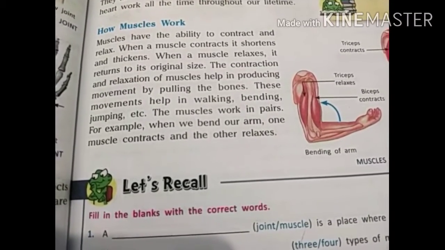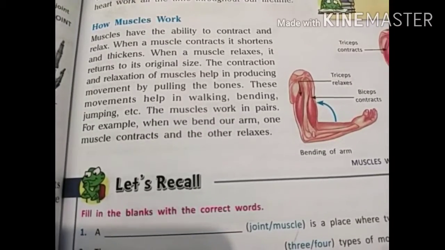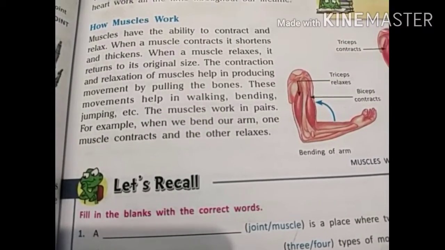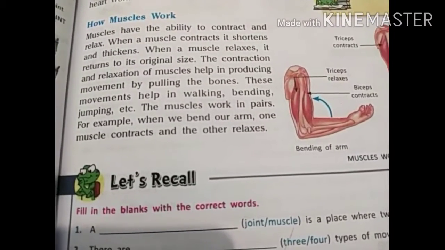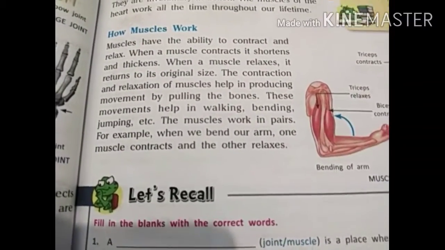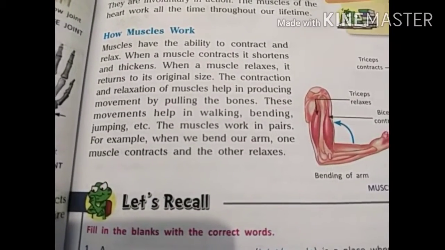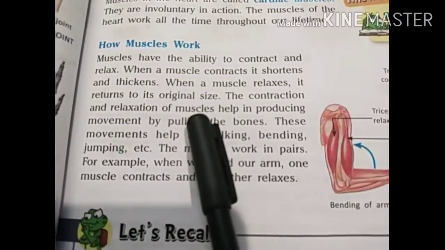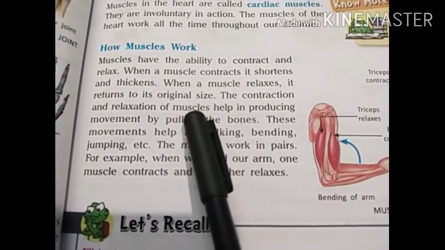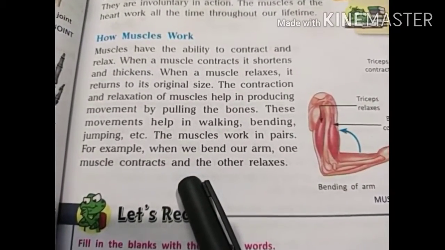In yesterday's video we covered cartilage and the different kinds of muscles: voluntary, involuntary and cardiac. Now there are two topics left. We will cover the leftover topics, starting with how muscles work, the functioning of the muscles.